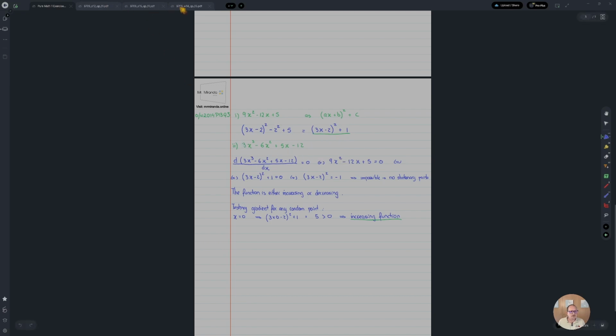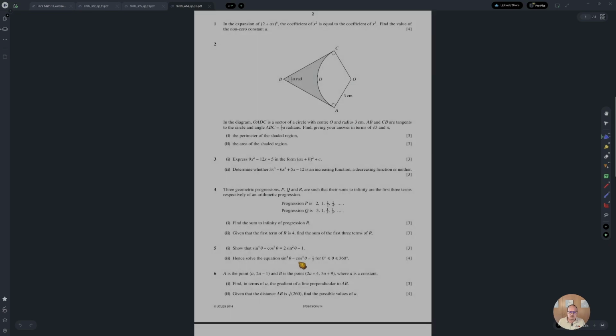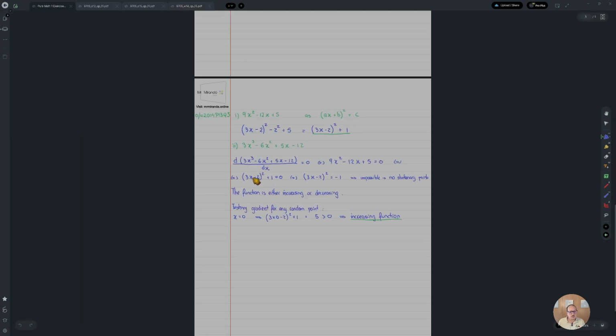Then you want to determine whether this is an increasing function, a decreasing function, or neither. What you do to solve this type of question is differentiate it and equate to 0. And no surprise, when you differentiate this, you get the original quadratic that you got in question 1.